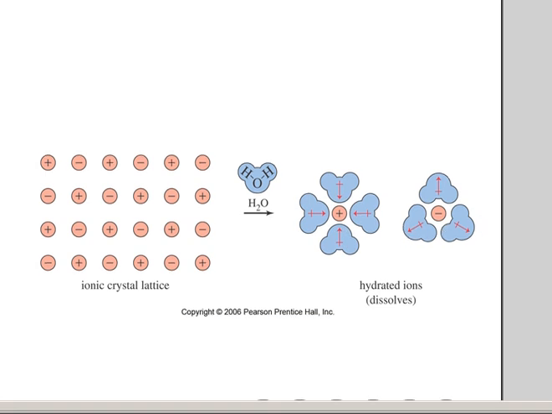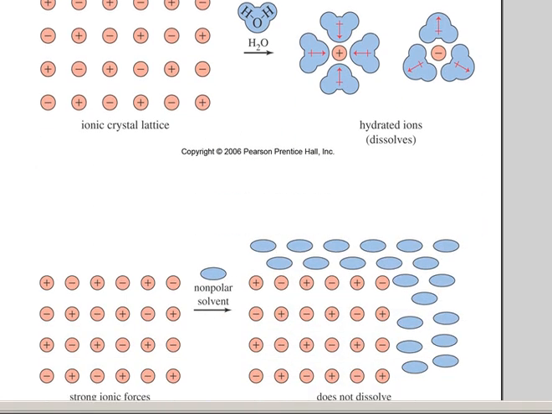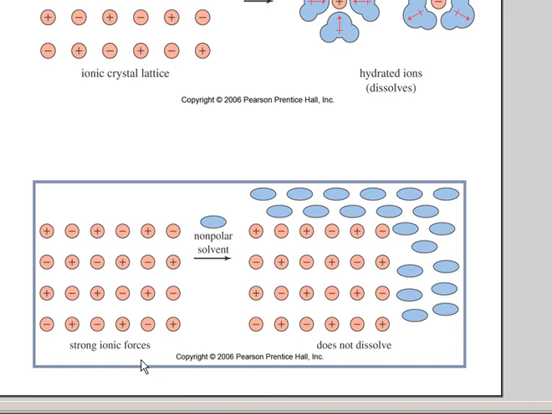On the other hand, if we try to dissolve an ionic compound in a nonpolar solvent, something that can only form LDF interactions, the ionic compound is interacting with itself. There's no way that this ionic compound can interact with the nonpolar solvent. It doesn't really have anything to do with the LDF.